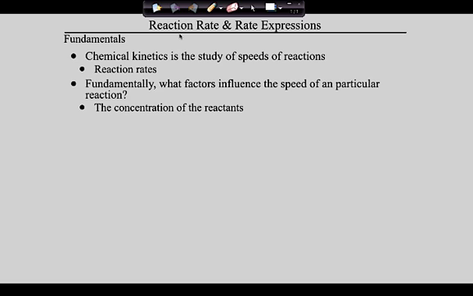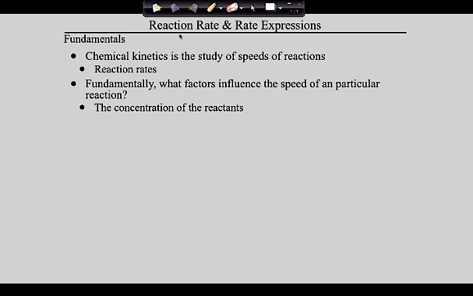So guys, let's do concentration first. One of the factors that influences the rate of a reaction is the concentration of the reactants. And this is the one we're going to talk about today in greater detail. We'll do the other three later, but we're going to do concentration today. So why does increasing the concentration of reactants make the reaction go faster?